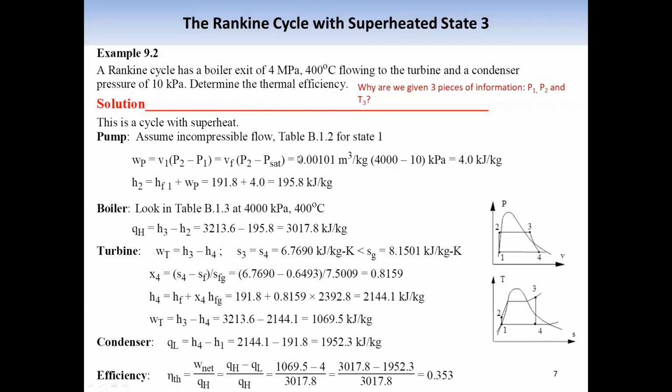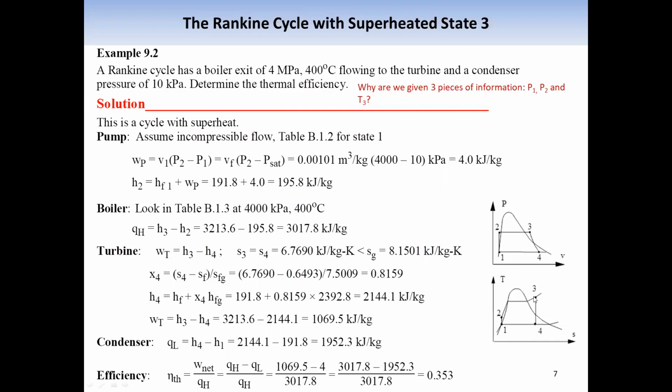So we can again start from the saturated state, because we are given the pressure, 10 kilopascal. On the saturated liquid line, we can find the pressure. Vertical line up, we can find the entropy, and the pressure is known. And then for the process from 2 to 3, the pressure is given, the temperature is given, so state 3 is fully given.